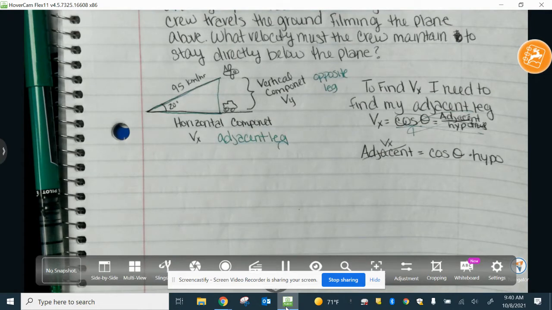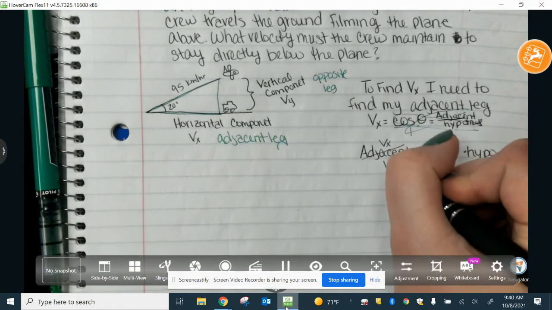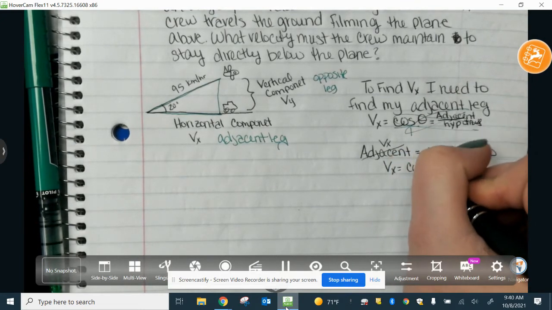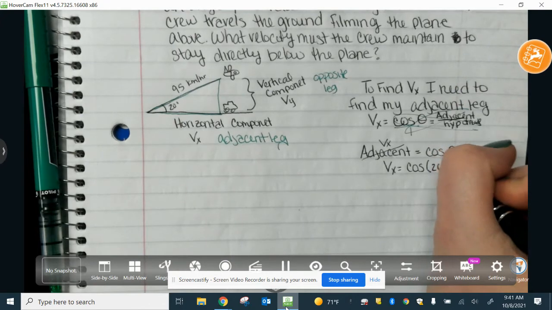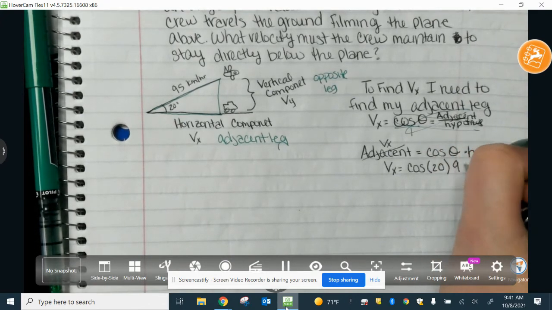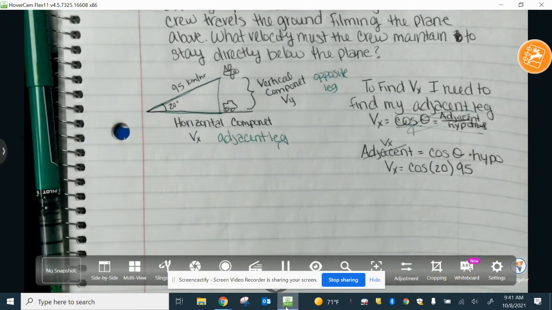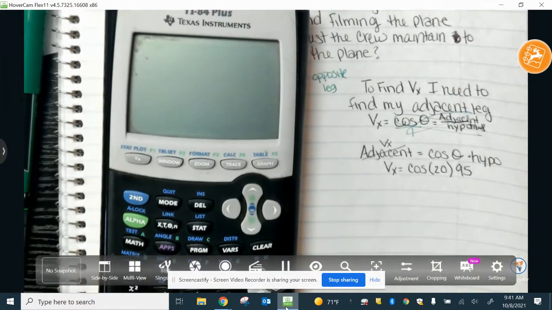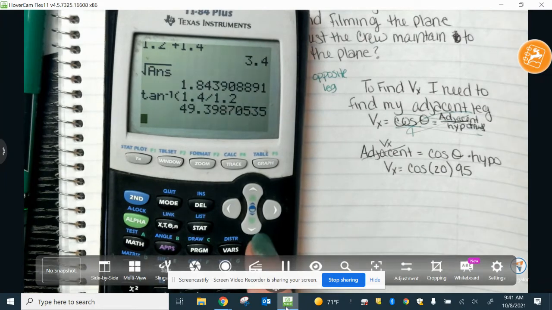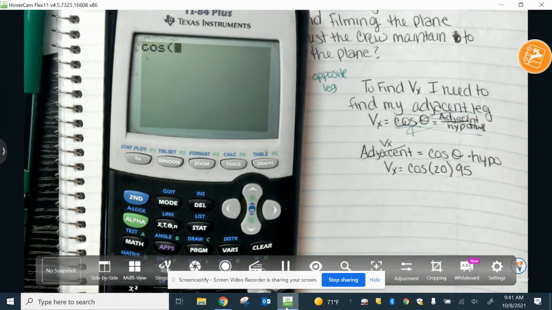So plugging in what I know, Vx is equal to the cosine of 20 times 95. So I do cosine of 20, close my parentheses, times 95.